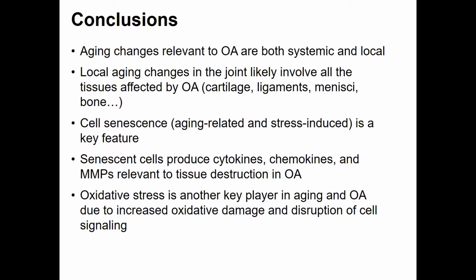Cell senescence seems to be a key feature that's associated with aging, but also with joint injury. And that's a new target for therapy because the senescent cells make these mediators that are found in the OA tissue. And then oxidative stress is another key player in aging and osteoarthritis, not just from damage, but also from altered cell signaling that we can talk about at some other time.